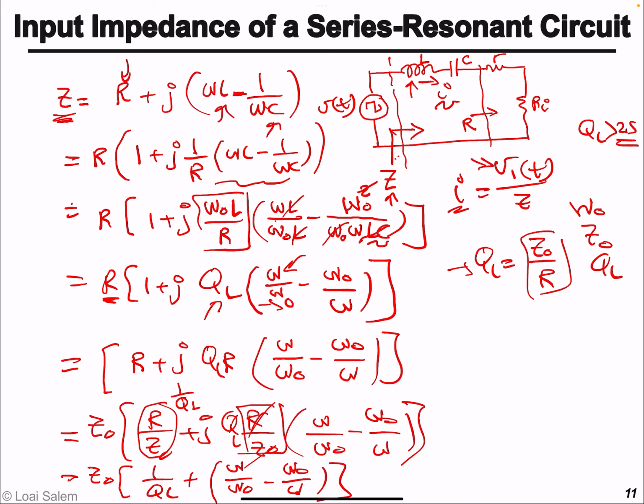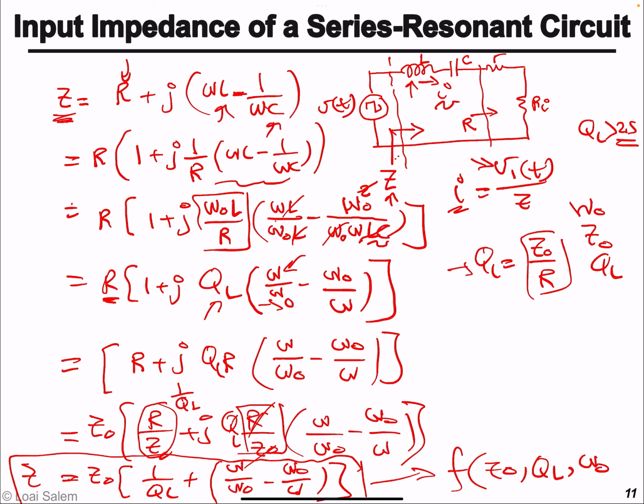As you can see, this is the expression for the equivalent impedance of the RLC circuit as a function of Z naught, QL, and omega naught, and this is equivalent to the expression as a function of R, L, and C.